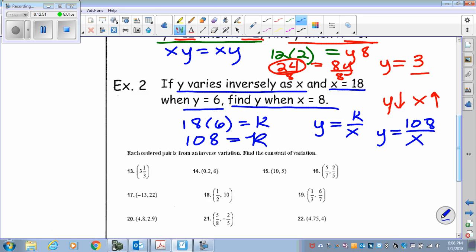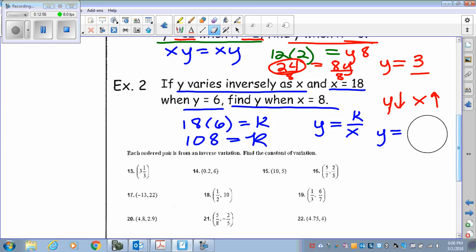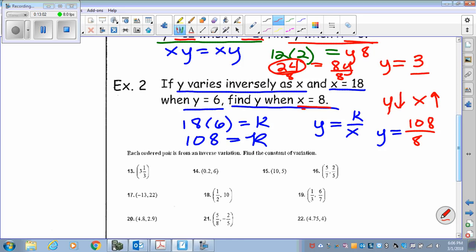Which is 8. 108 over x, right? And then we're trying to find y. It says find y. So I've got y by itself, so I'll just take 108 divided by 8.